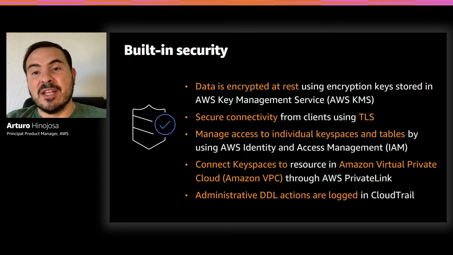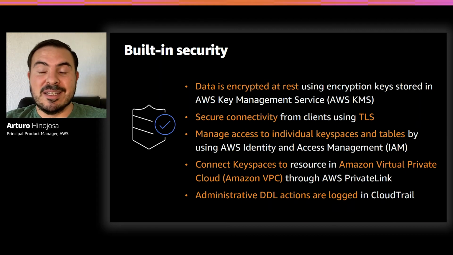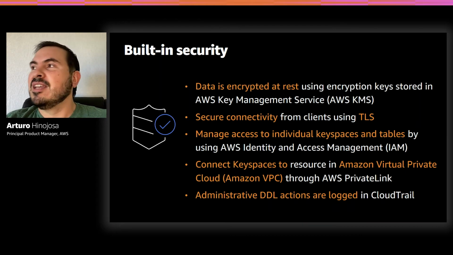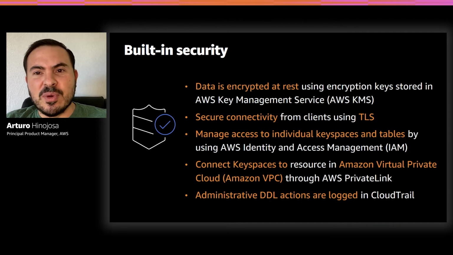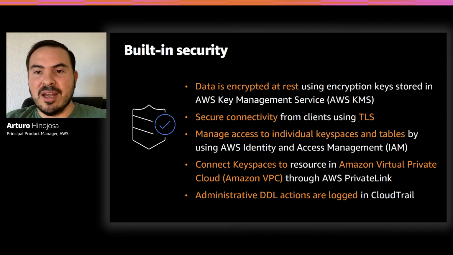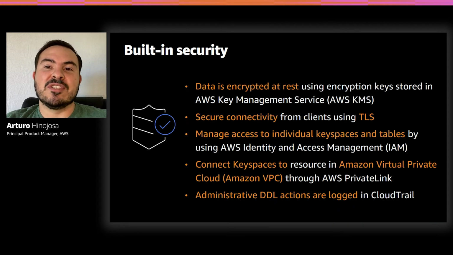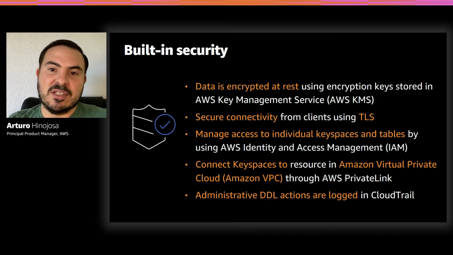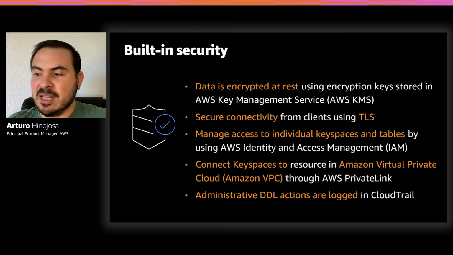So you've sort of adopted that newer, short-term credential security model. You can use that with Keyspaces and with the Java, Node.js, Python, and I think Go drivers. So really cool options there. You can also connect Keyspaces to resources in your VPC using AWS PrivateLink, and all the administrative actions are logged in CloudTrail, so you can see who created a keyspace, who deleted a table. All that stuff is captured for you automatically. You can search it, scan it, or whatever you need to do in AWS CloudTrail.